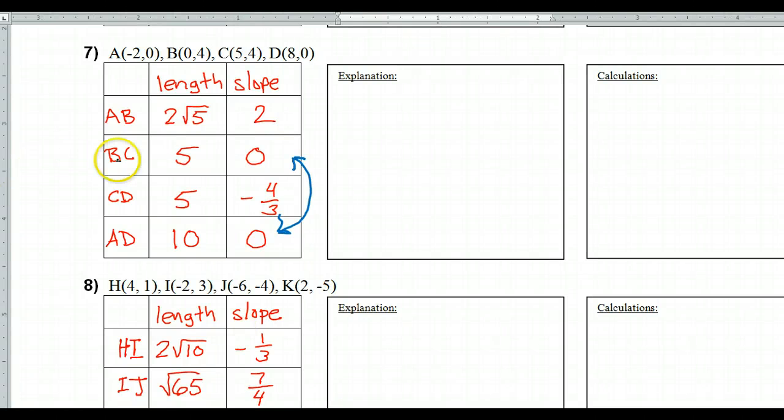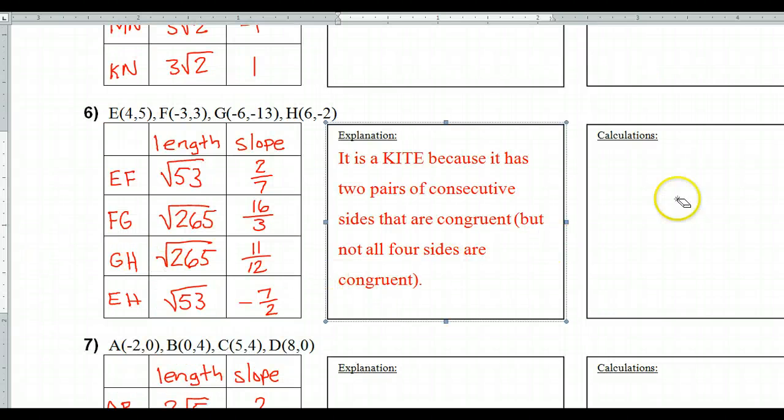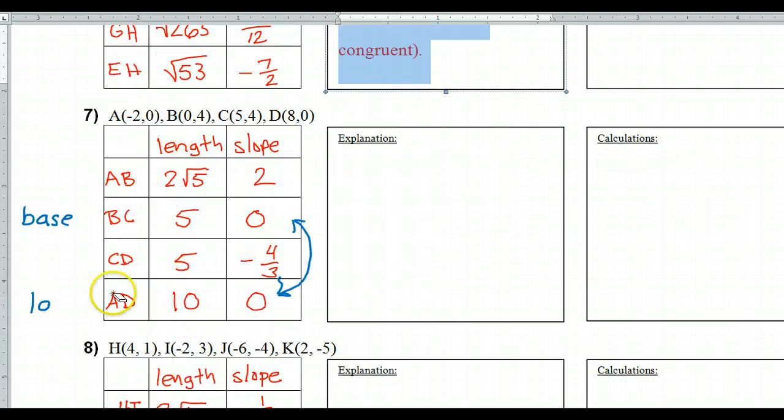If these are the parallel sides, then this is a base, and this is a base. Okay, that means these other two are legs. So this is a leg, and this is a leg.